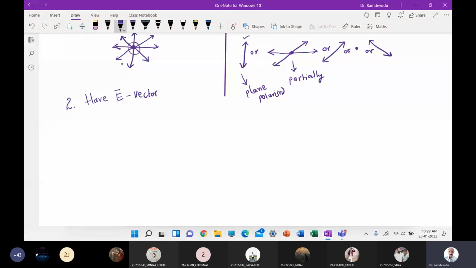Therefore, we say it has E vectors symmetrical about the direction of propagation. This is the direction of propagation, perpendicular to the plane of your paper.